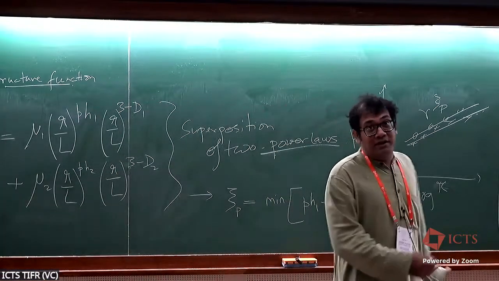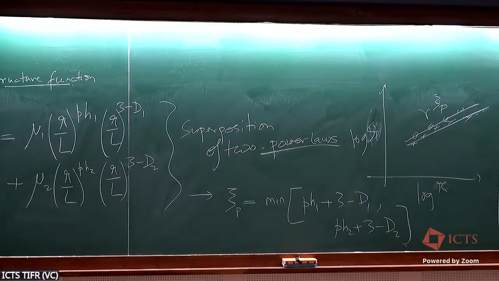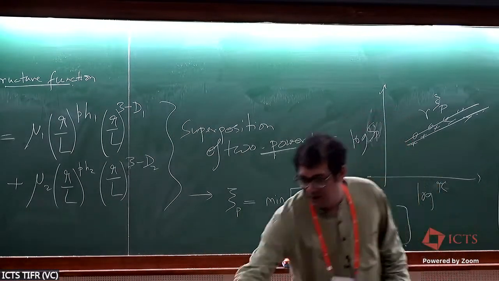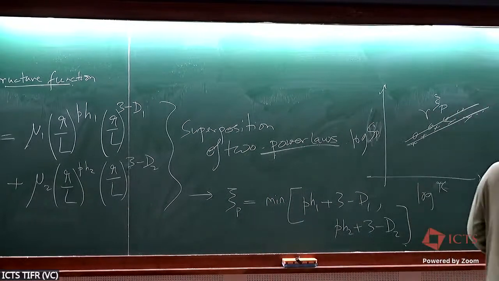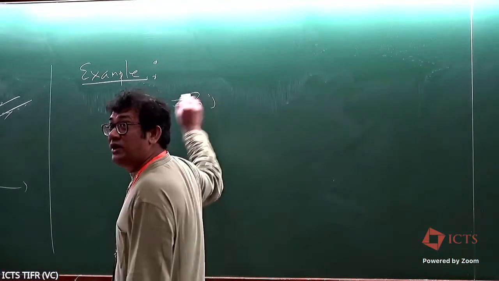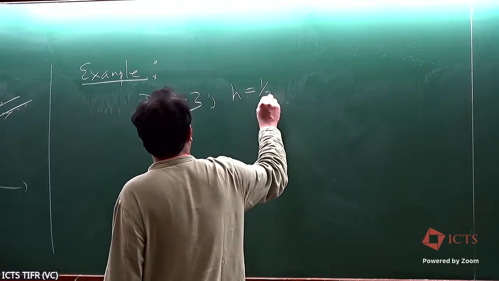So maybe one of these dimensions could be what Kolmogorov had in mind. I probably can have one of these dimensions as 3. That's the Kolmogorov picture, which corresponds to h equal to 1/3.